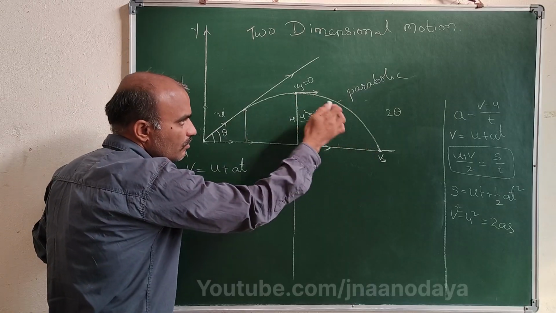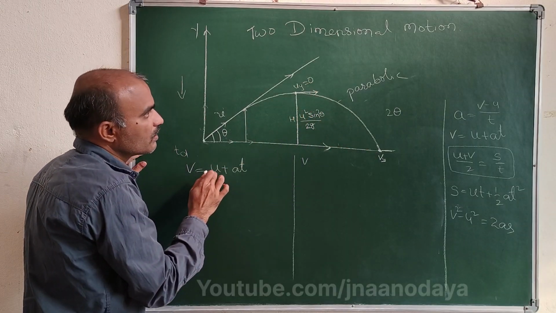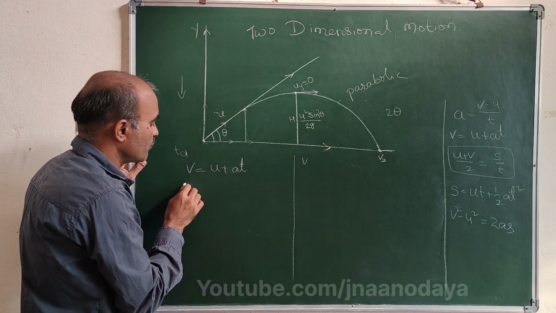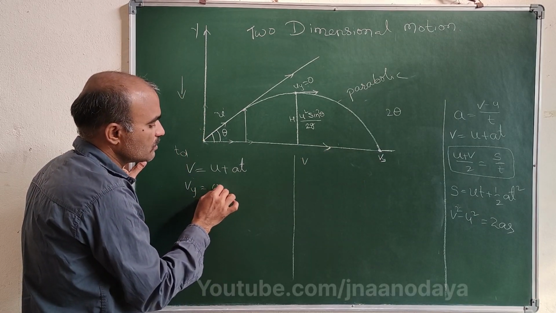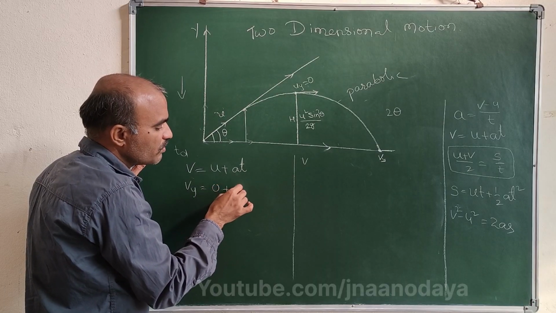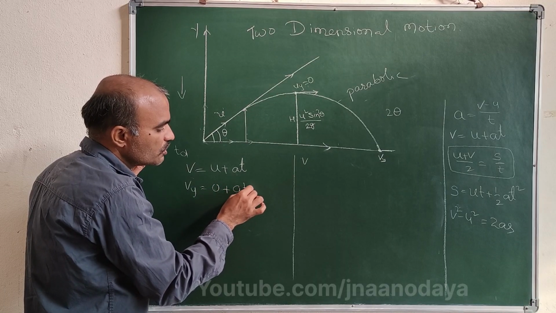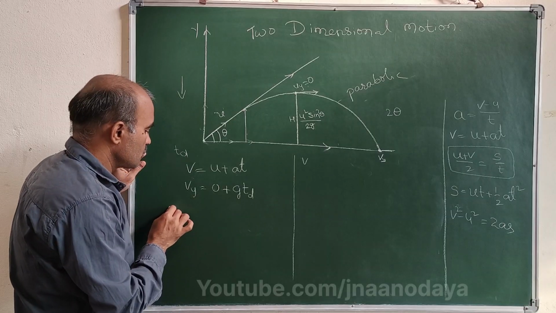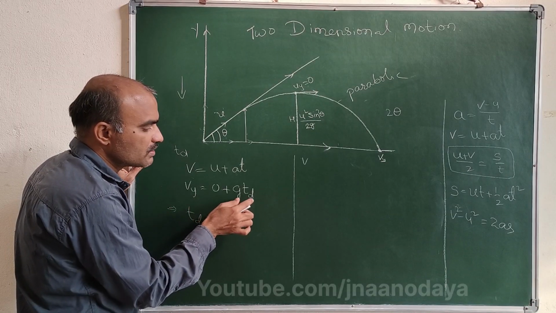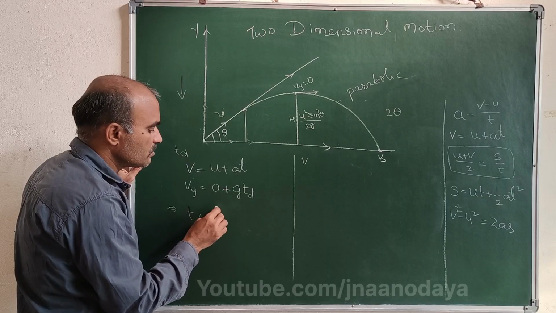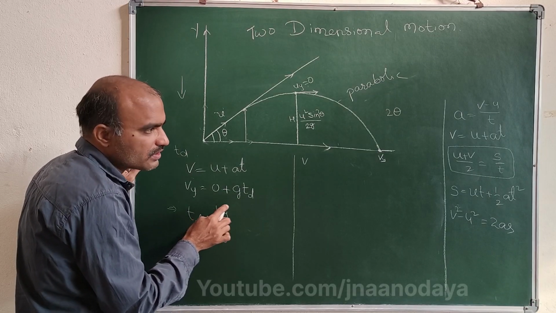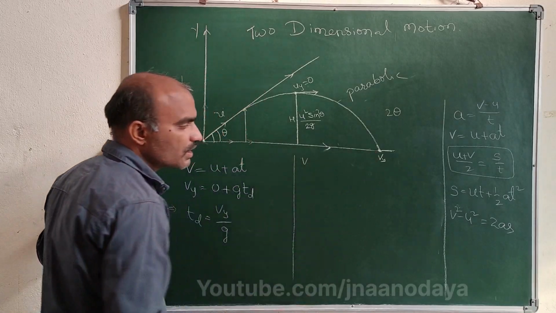In this case, initial velocity uy is 0 and v when it reaches the ground is equal to vy, right? So vy is equal to 0 plus a, as the object is coming down, acceleration will be taken as plus g. So g td, right? So td becomes vy by g. Vy is the velocity of the object when reaching the ground.